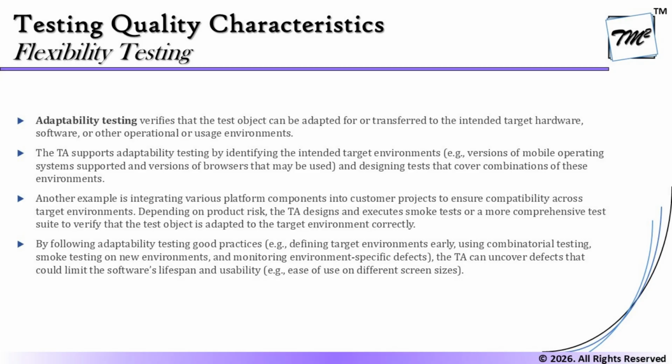So when we say target intended environment, it simply means the environments which are defined for it, not randomly talking about any possible configurations, but those which are defined for the system. Of course, the system can work in different operating systems, different configurations of the hardware, and various other software installed for it. And we would like to test this in the target intended environment itself. Trying them out is what we know as adaptability.